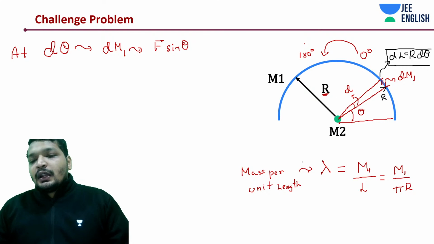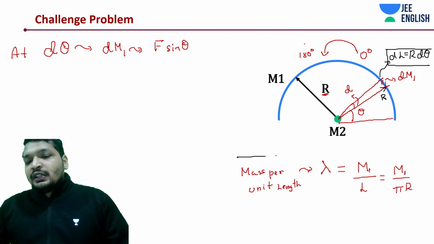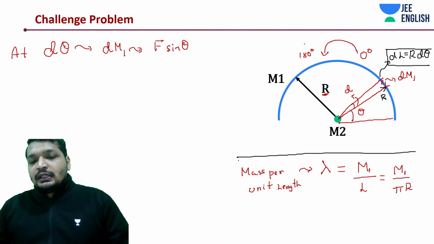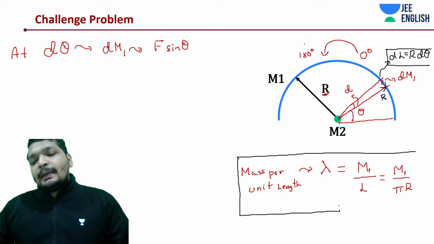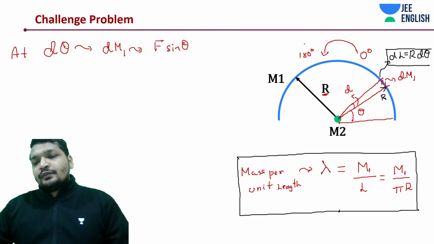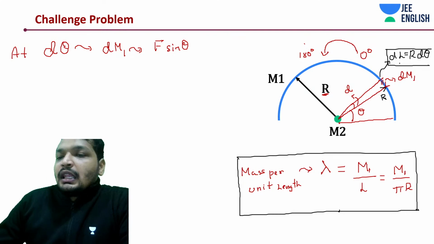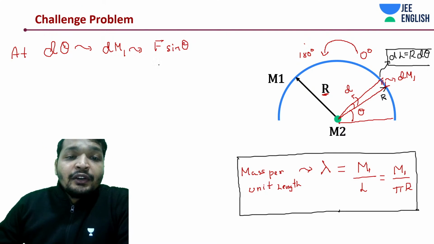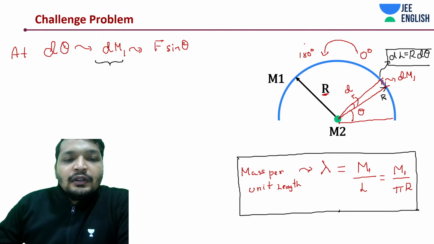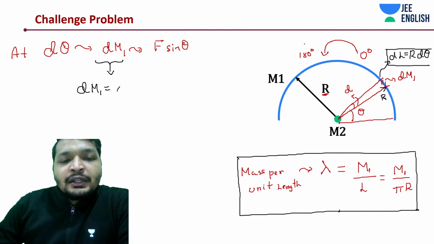Now we know two things. One is lambda. The other one is dl. So to find out dm1, I'm going to say something like this: dm1 is equal to lambda into dl. Is this correct? Yes.